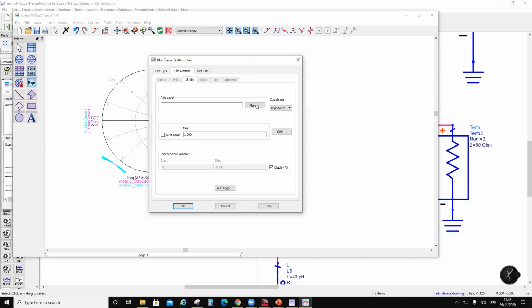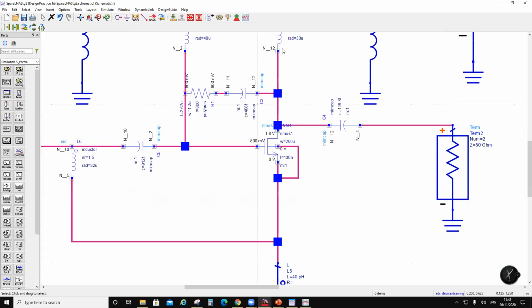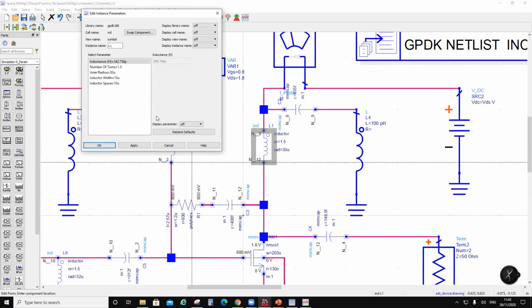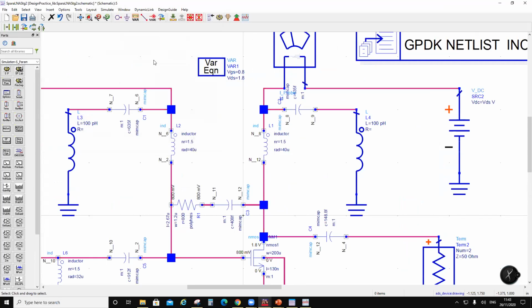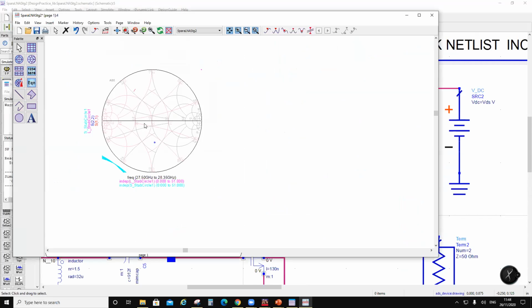I will put both here. Now I have to do this matching. So now I realize what has happened. What has happened is that this inductor is too small. So I will increase this back to like 40, right? And simulate. It's not doing anything.